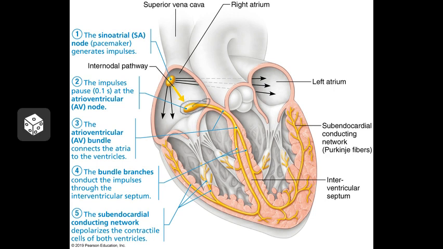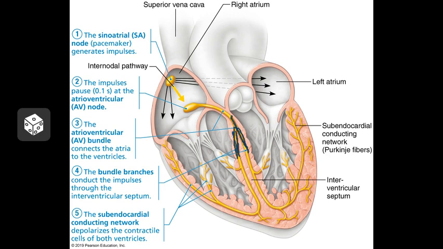The AV node then has an extension of these pacemaker cells, these autorhythmic cells, that travels down the top of the interventricular septum. That is the AV bundle. And this is what electrically connects the atria to the ventricles, sending the signal on from the AV node down to the ventricles. The AV bundle then branches into right and left bundle branches.